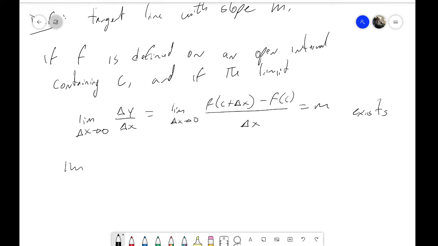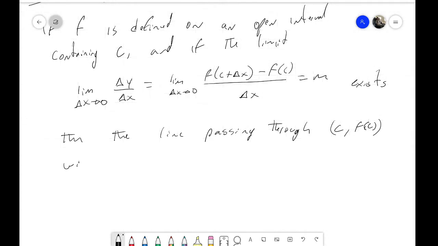then the line passing through the point c, f of c, with slope m is a tangent line to the graph of f at the point c, f of c.